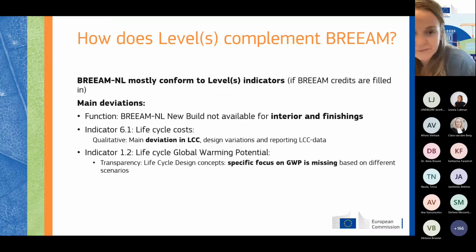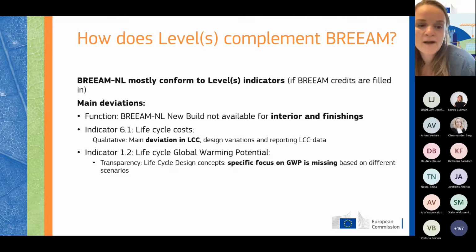And for us, it's really important to be able to say that we are levels compliant, because we see the need for harmonization in Europe, and the need for a common language.